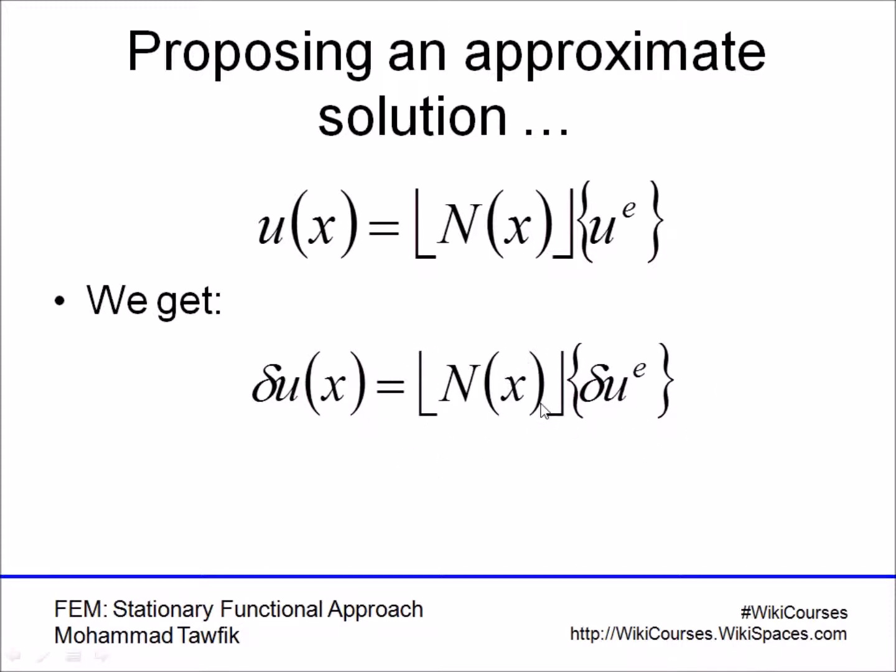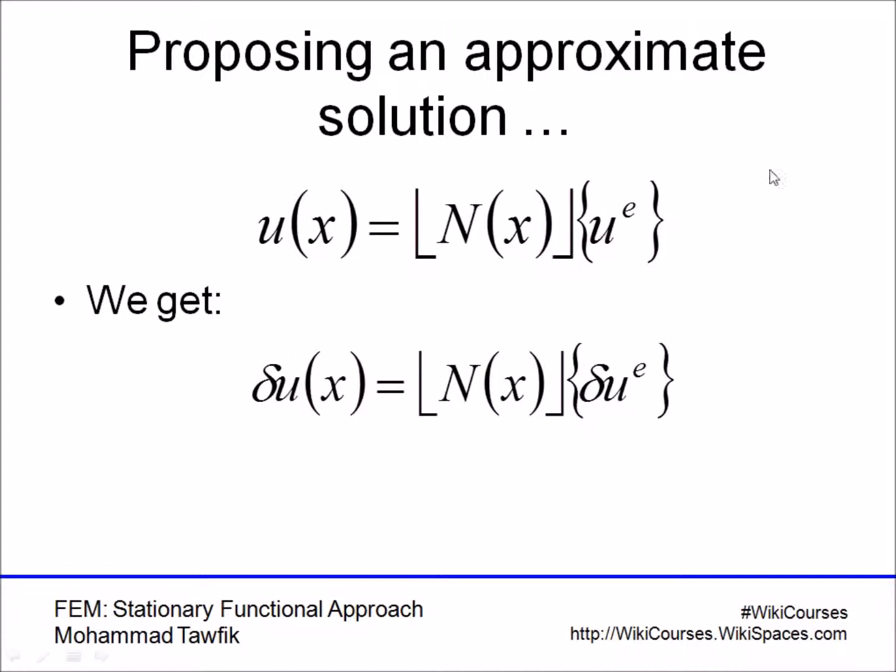Since N of x is deterministic, I know N of x, it's something that I already know, I put it by myself into the model. So the variation of the deflection u of x is actually the variation of the nodal deflection. Remember here, these are u1 and u2, the nodal deflections at both ends of the bar.